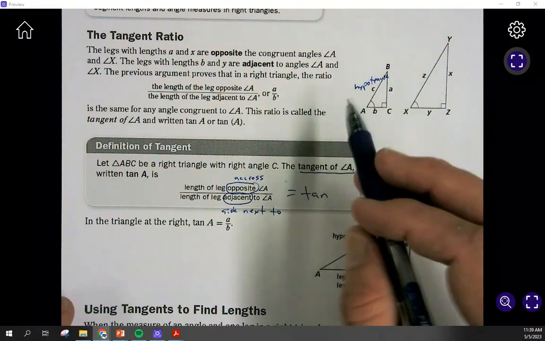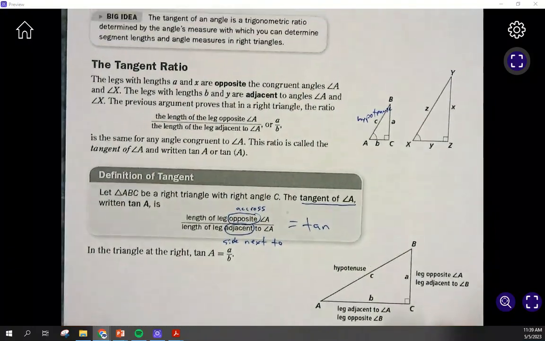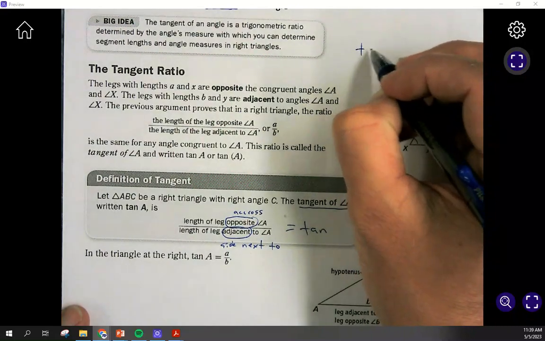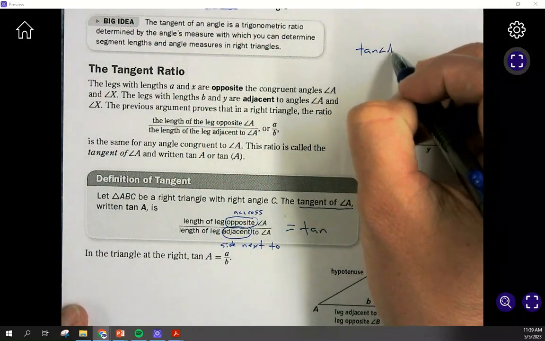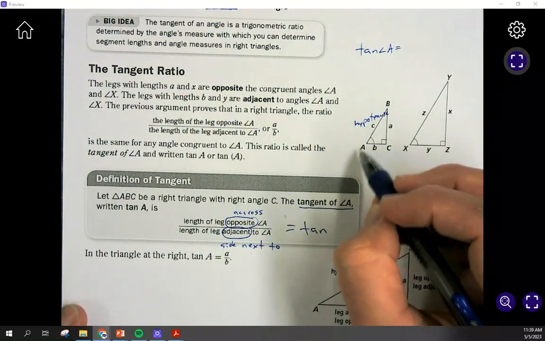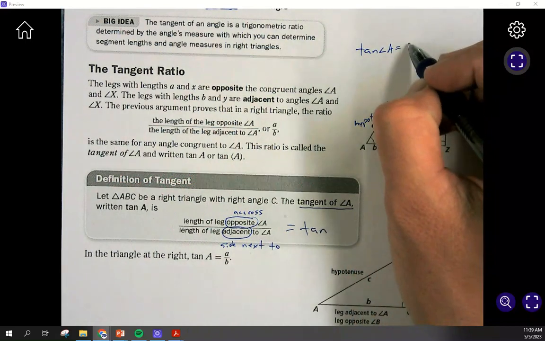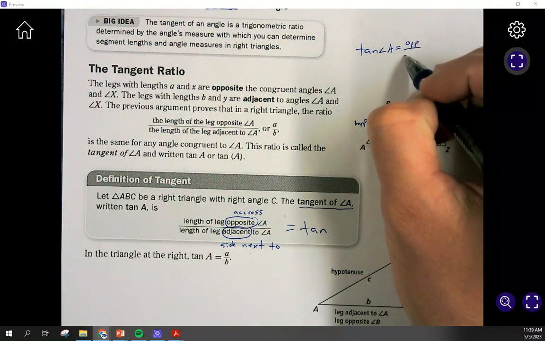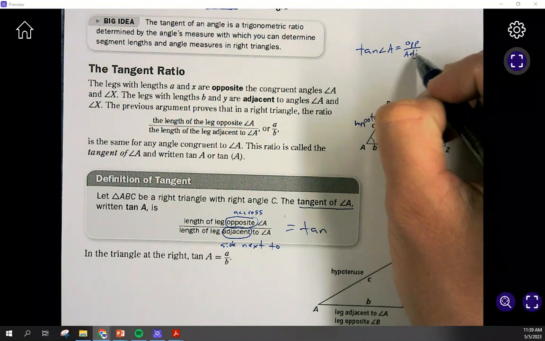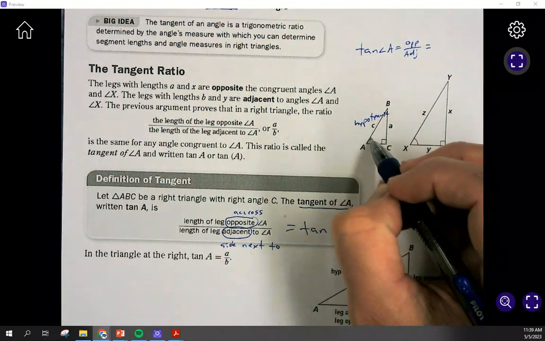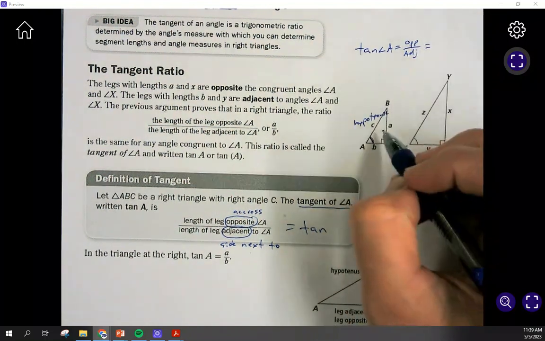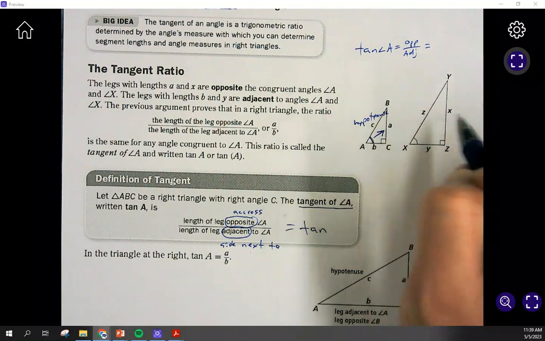Okay, so real quick, in these pictures up here, if I was going to write out the tangent ratio of angle A, so here's angle A right here, it's always the opposite over the adjacent. So what does that look like here? Here's angle A. Opposite side means across the triangle.